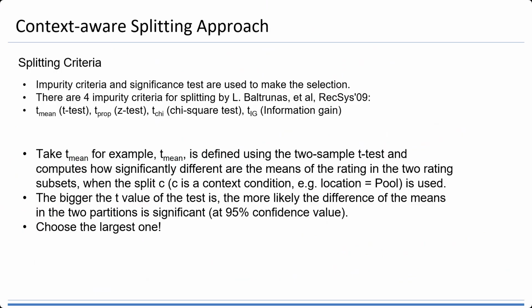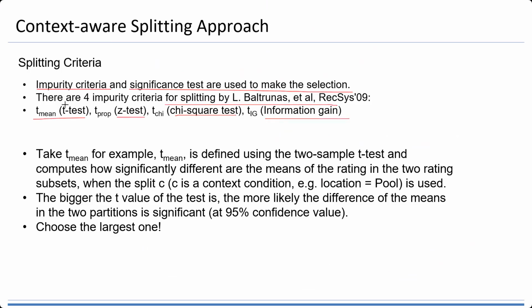So the splitting criteria can use another approach. Some works in the recommender system domain use impurity criteria and significance tests to make the selection. If you learned statistics, you will know the t-test, z-test, chi-square test, and information gain.